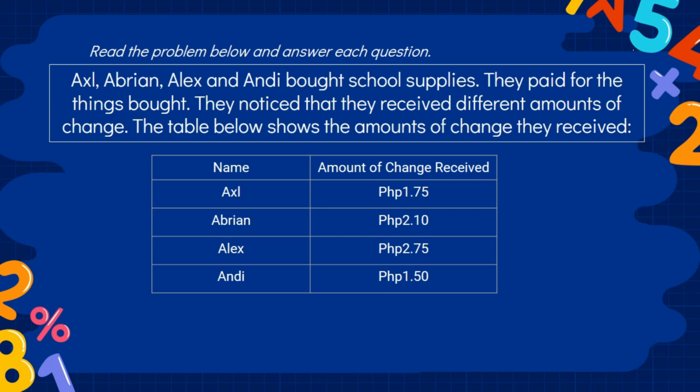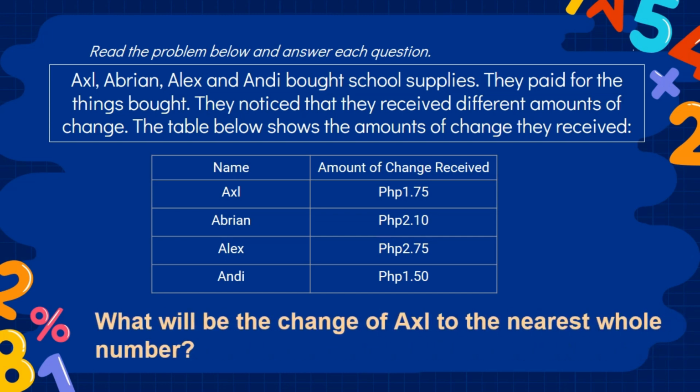Axel received 1 peso and 75 centavos. Adrian received 2 pesos and 10 centavos. Alex received 2 pesos and 75 centavos, while Andy received 1 peso and 50 centavos.